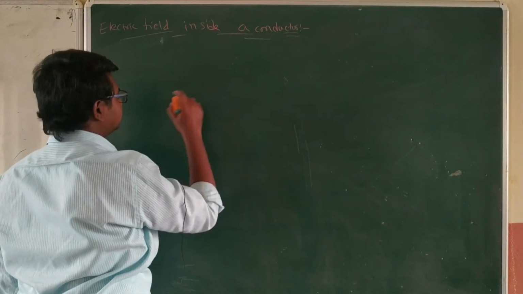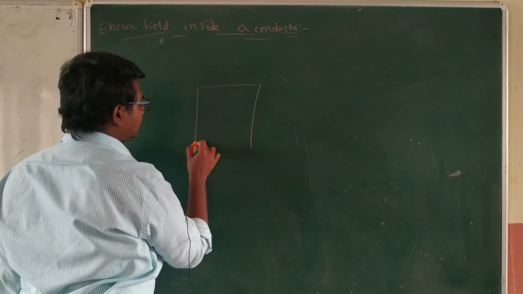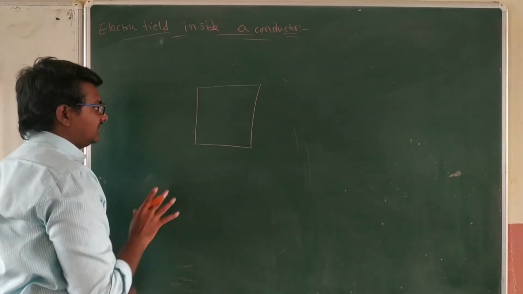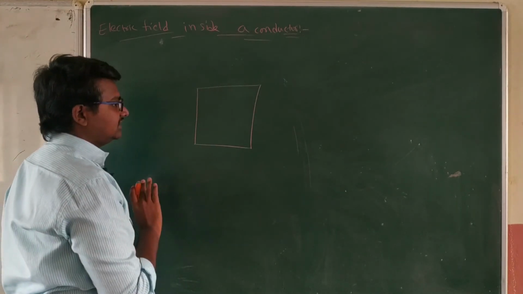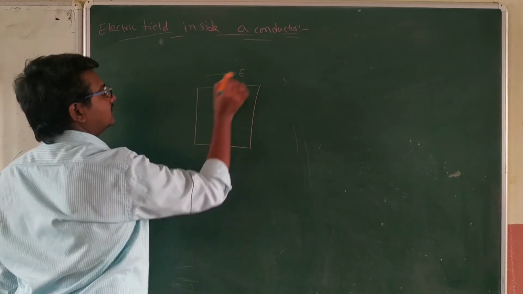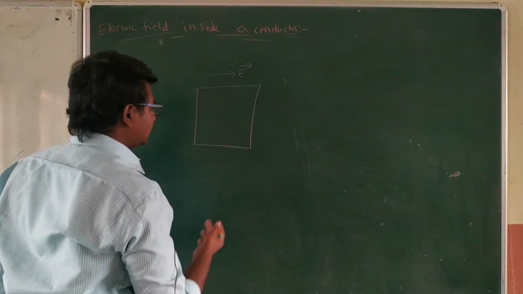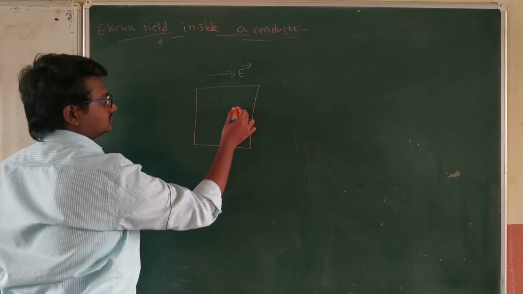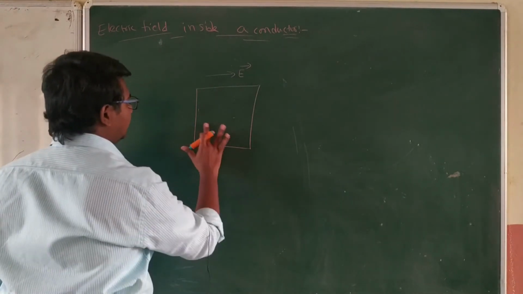Let's consider a conductor, which is nothing but a metal plate. Presently there is no electric field. If there is no electric field, all free electrons will be arbitrarily placed somewhere, as there is no force on them.